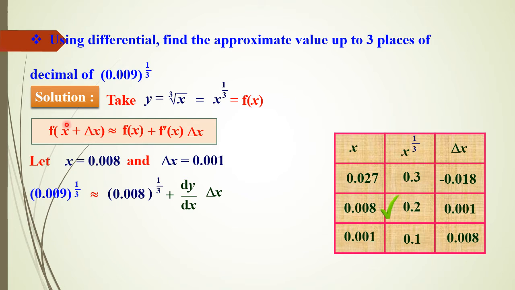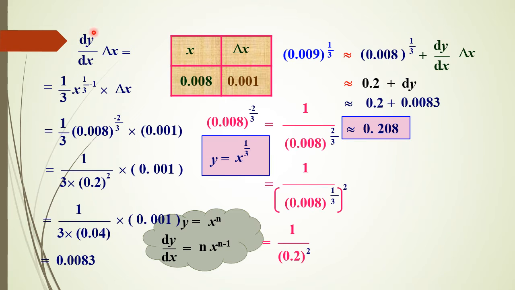Now use the standard form to simplify the given approximate value. So the given term is equal to 0.008 whole raised to 1 by 3 plus f dash of x, called dy by dx, and delta x written as it is. Next, find dy by dx into delta x.